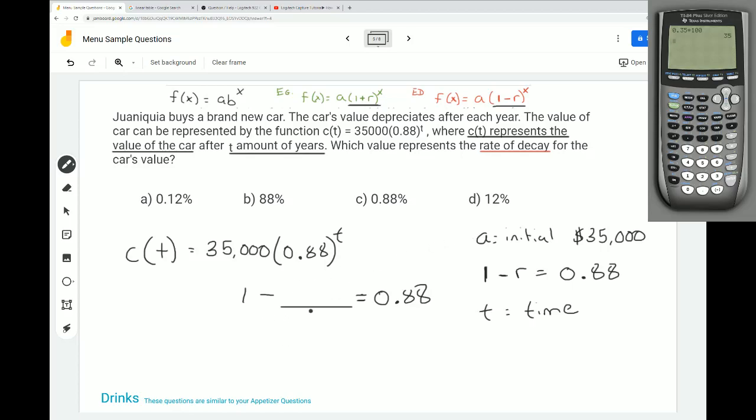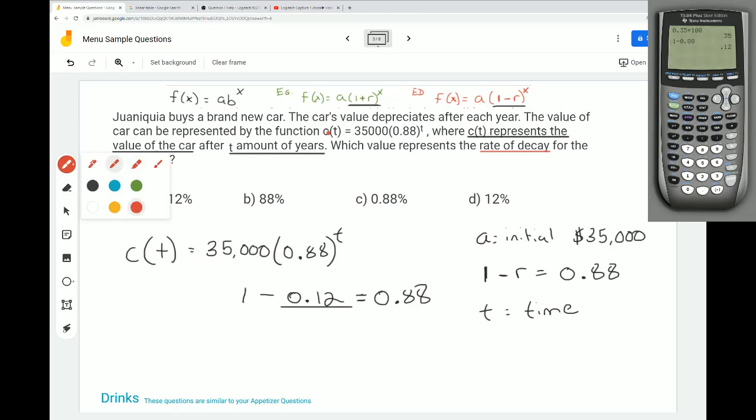We just want to fill in the blank there. So what we can do is we take 1 and subtract, since we know that we have to subtract some value to get 0.88. 1 minus 0.88 is 0.12.